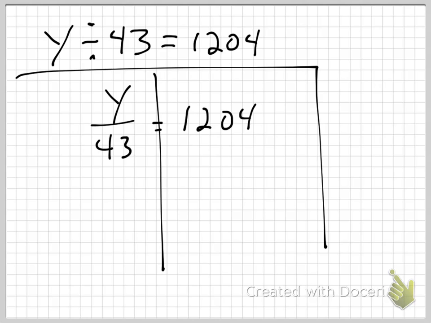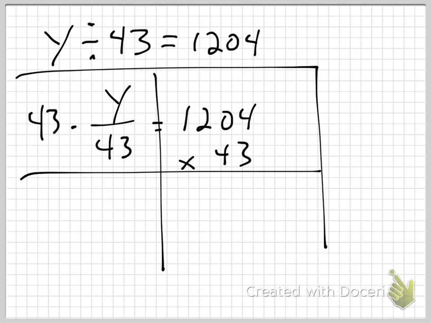Line down the equal sign. The variable's not happy. He's being divided by 43. What's the opposite of divide by 43? Multiply by 43. I don't care how you write it. I'm used to this, times 43. But whatever, if you want to go times 43 so that it looks like a problem you're used to, I don't care. Those are gone.